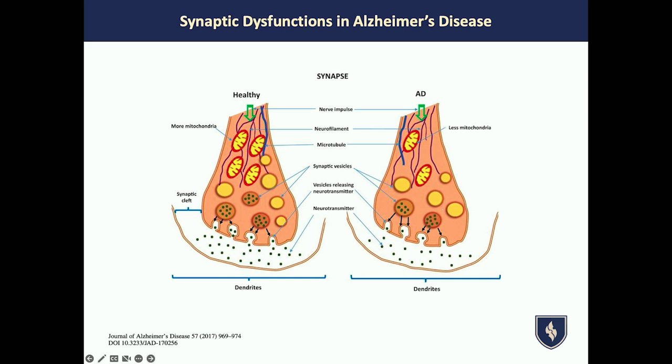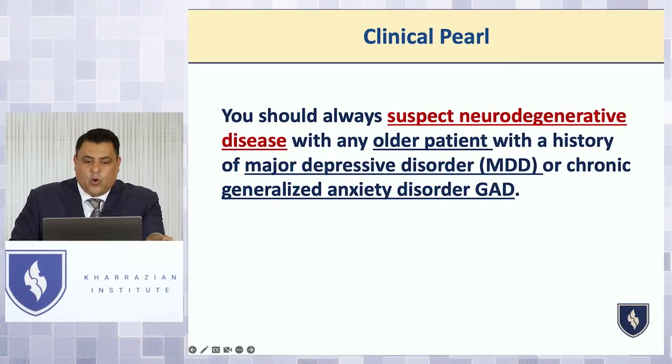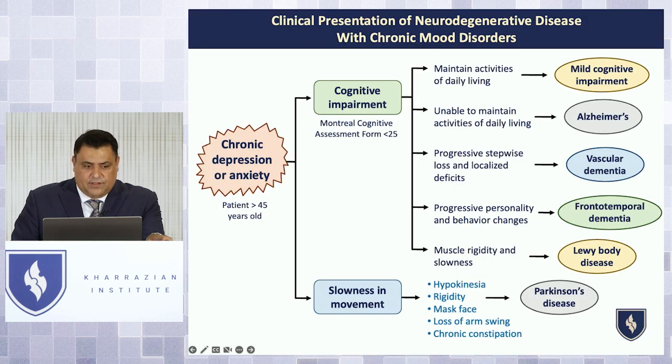So clinical pearl, when we look at regions of the limbic system, you should always suspect neurodegenerative disease with any older patient with a history of major depressive disorder or chronic generalized anxiety disorder. Then I made a chart for you to go over the key things you should definitely look at as a clinician.